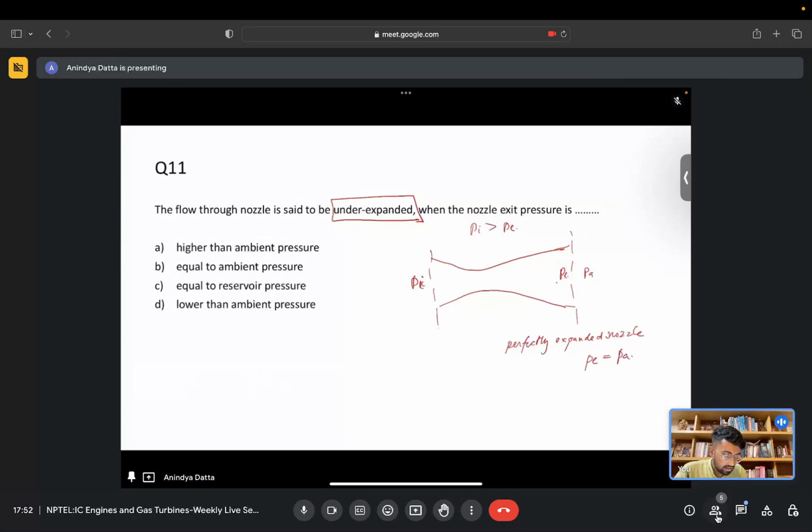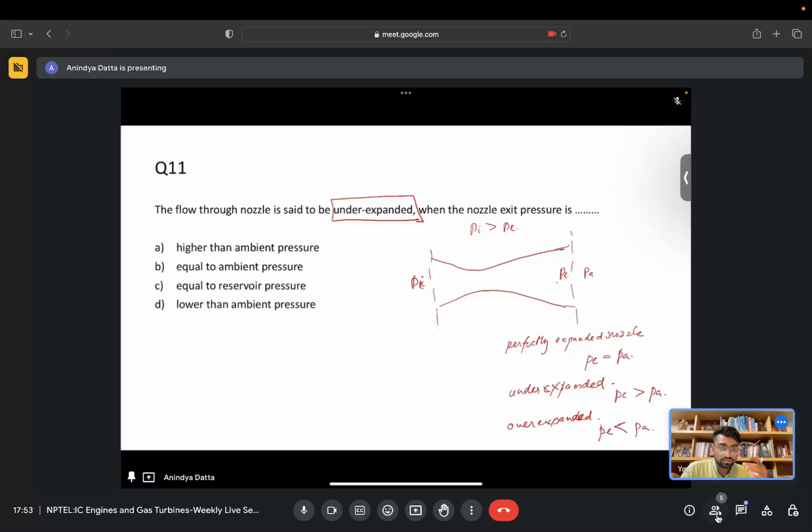When we mean under expanded, the expansion in the nozzle has not been completed, which means PE is higher than PA. And over expanded means that it has expanded more than the ideal case, that is PE is less than PA.